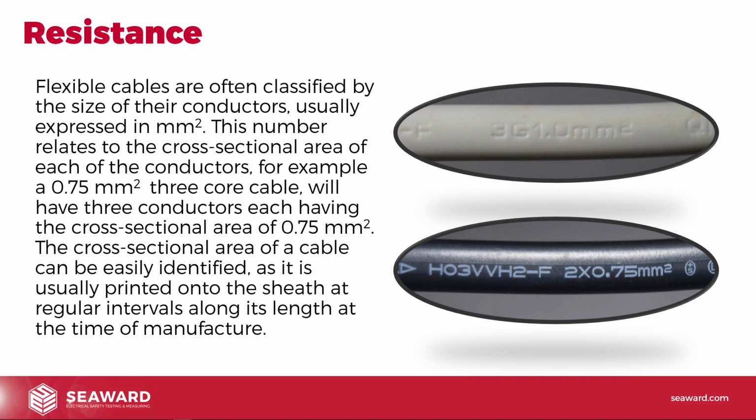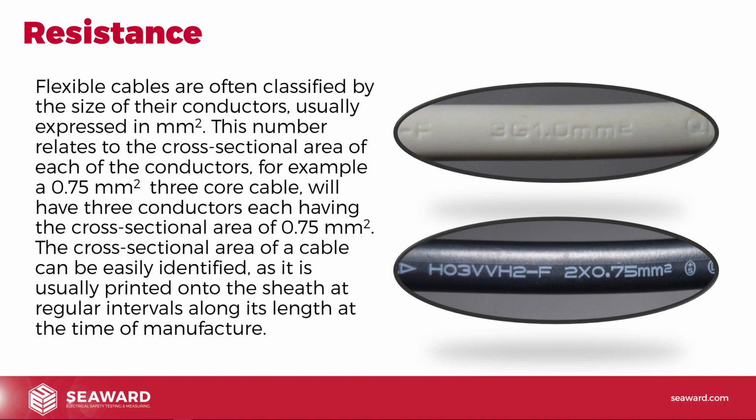So the top one there, you can see it says 3G, which means it's a 3-core cable. 3G means 3 core, so we'd expect to see in there a line, a neutral and an earth. And it says it's 1.0 millimeters squared. So it's 3 cores, and each core is 1 millimeter squared in cross-sectional area. Again, the next one down is a 2-core cable this time.